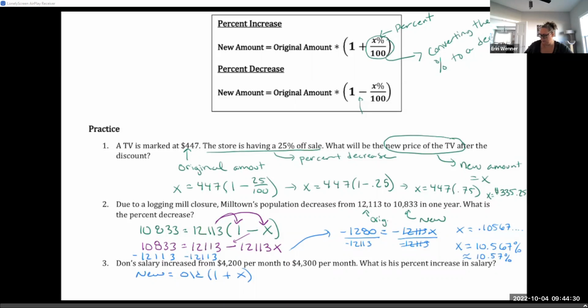So again, send me your answer rounded to 2 decimal places. And again, when I mean 2 decimal places, that's after you convert it to a percent.